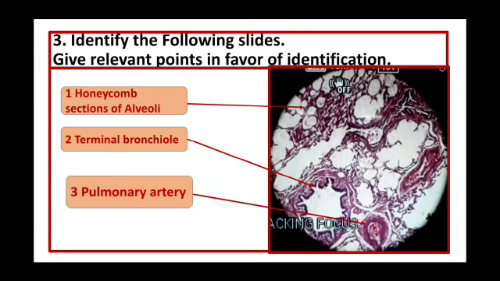So in this slide we can see the honeycomb sections of alveoli, and a terminal bronchiole has been focused.